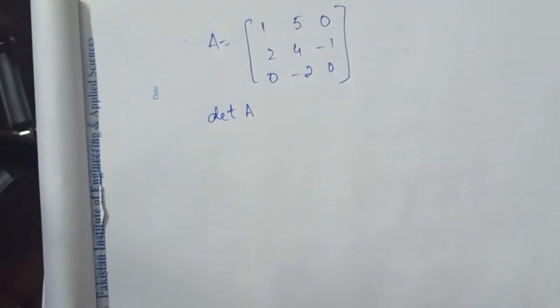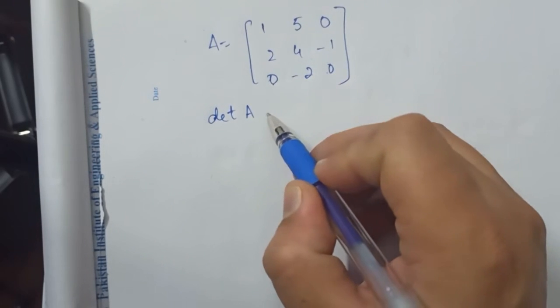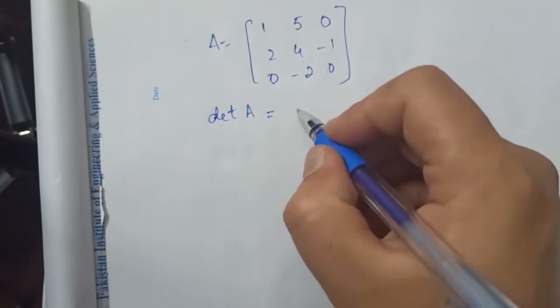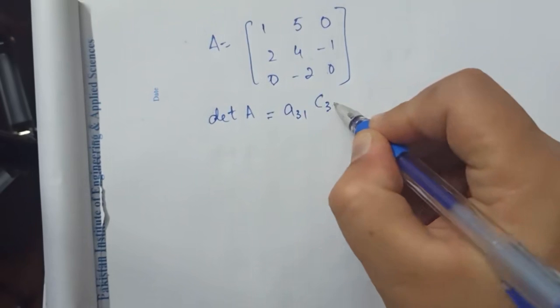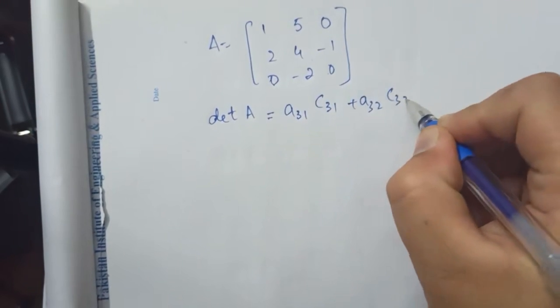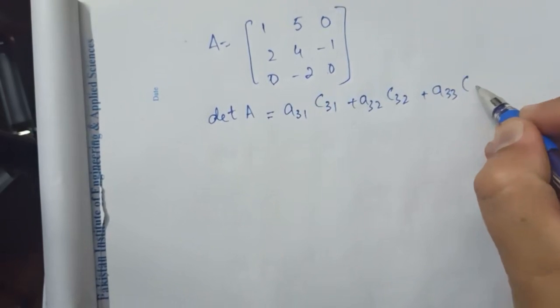The third row in this case is 0, minus 2, and 0. So the formula is quite simple: A31 C31 plus A32 C32 plus A33 C33.